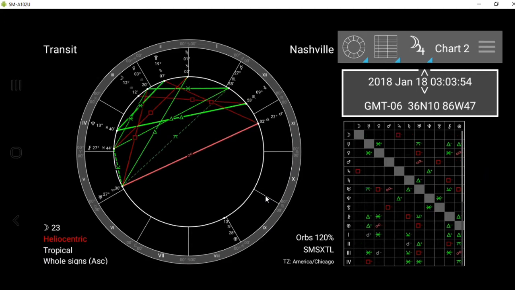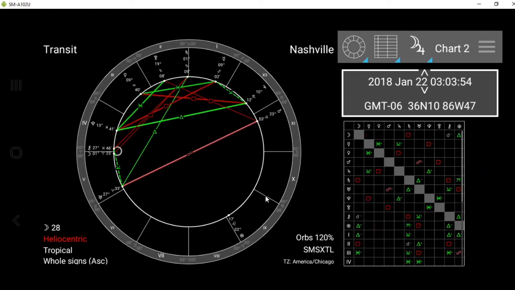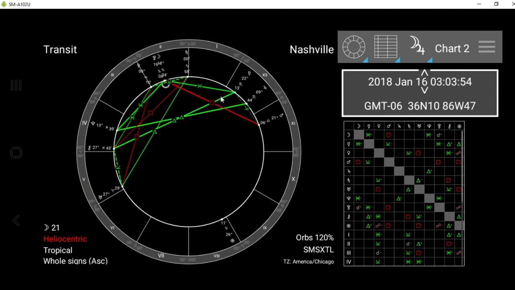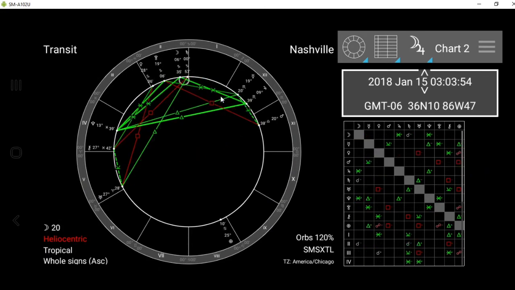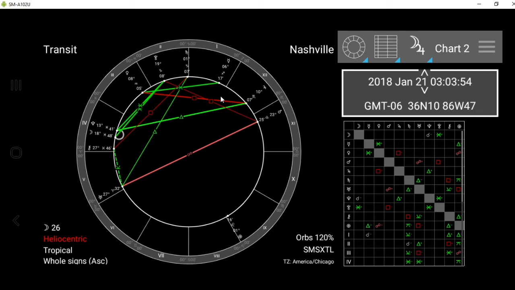Why did it start going down? That's what I want to see. Why did it start going down? Okay, so there was another square between Venus and Jupiter around there. So the expansion that we've been enjoying this whole time, it's got to stop at that point. Venus, and we're aware of that, we're tuned into that.